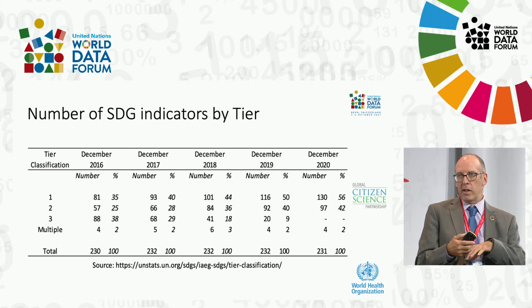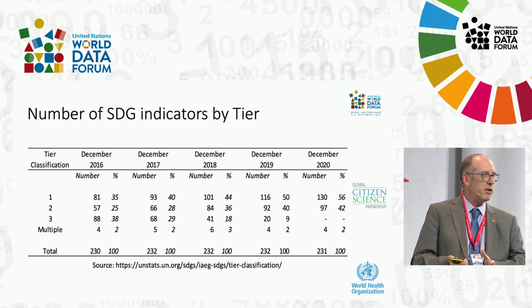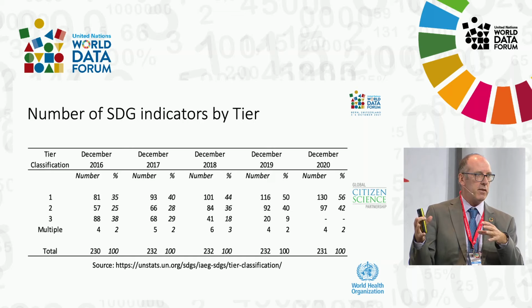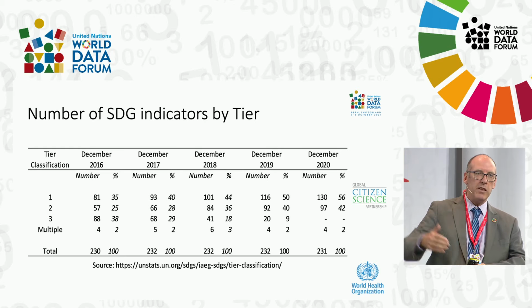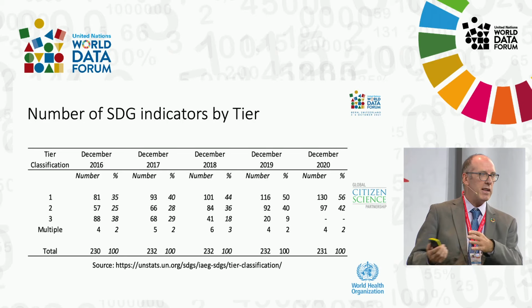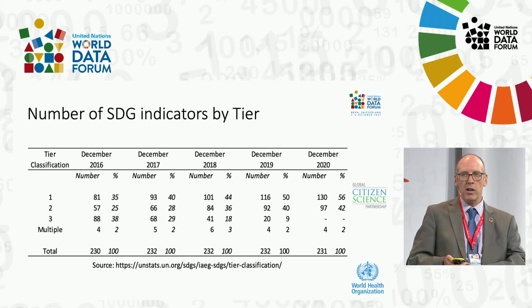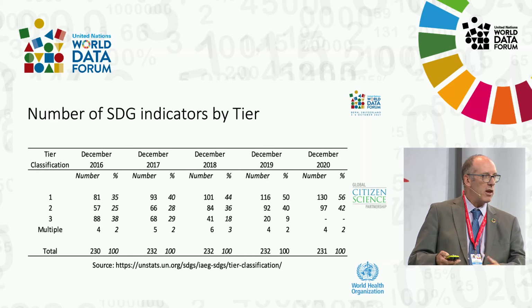Now, that's not to neglect the progress that we've made, but we're already 6 years into a 15-year program. So, you know, tick-tock, and the low-hanging fruit has been picked. I would imagine the next set of indicators are going to be more challenging to develop. And yet we've seen that citizen science is telling us they already have data and they have methodologies. So why not start looking at that?